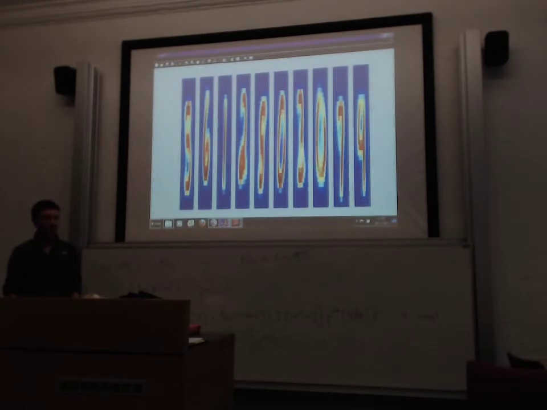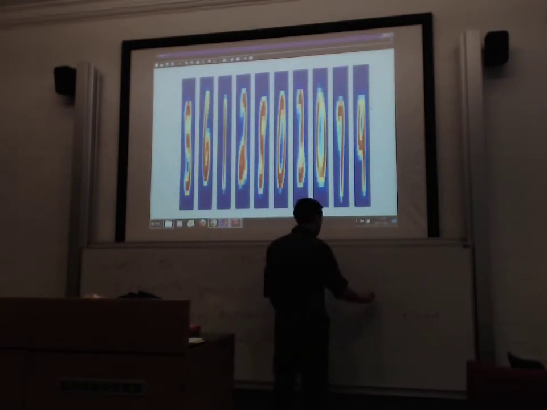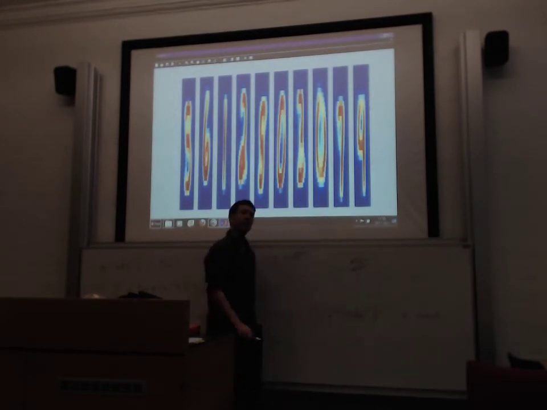So we give them a single image. Let's imagine somebody gives you a new image, and say the bottom half is all missing.